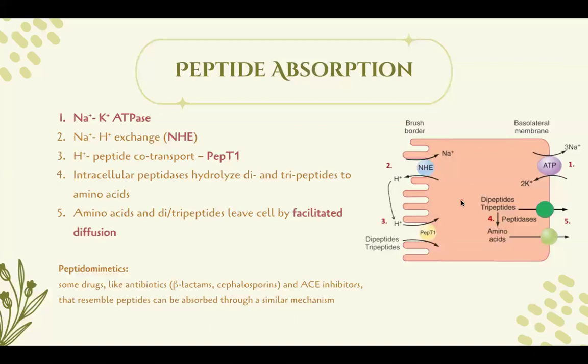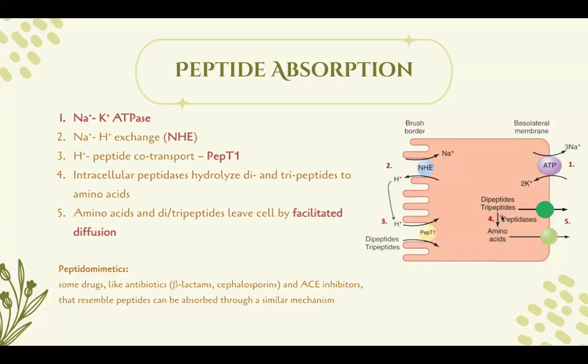So now you have the peptides in here, and you also have amino acids that we absorbed before. You can transport these di and tripeptides again by facilitated diffusion at the basolateral side, just like we did with the amino acids, so that they can all go to blood and be used by the rest of the body. Or these di and tripeptides inside the cell can be digested into amino acids, and then the amino acids can just flow.